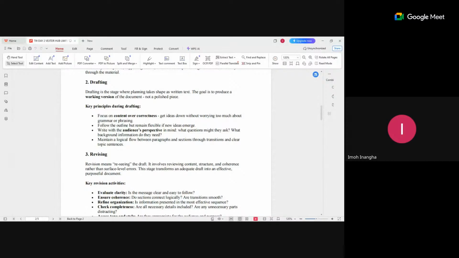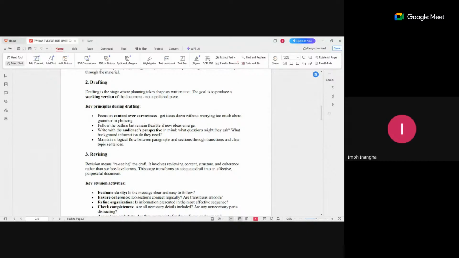So the next one we are going into is drafting. It's 8:24, we have about 36 minutes to go before we start looking into the product. Drafting is the stage where planning takes shape as written text. They are not telling you that what you are drafting is supposed to make sense.